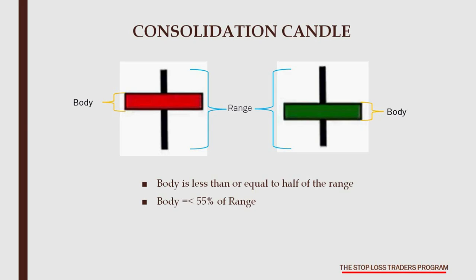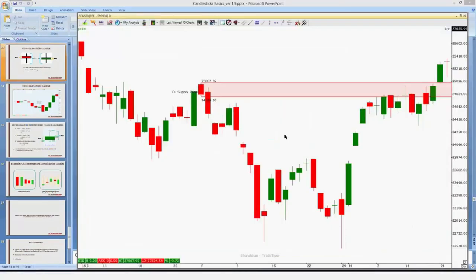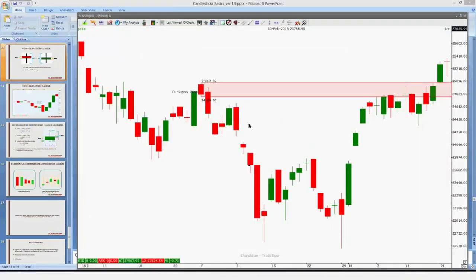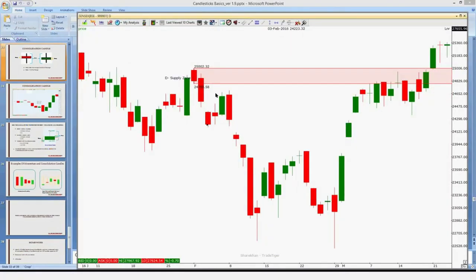It is more powerful than a bullish candle after a rally in price. Similarly, if after a fall in price you get a neutral candle, then that has more potential to reverse the trend than a bearish candle. So you can take that kind of liberty.